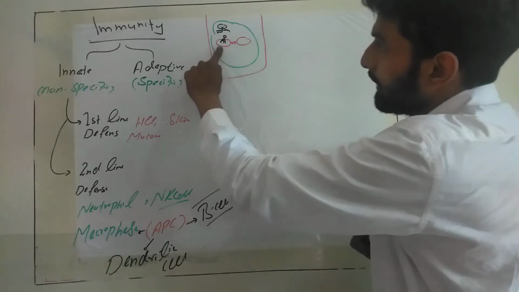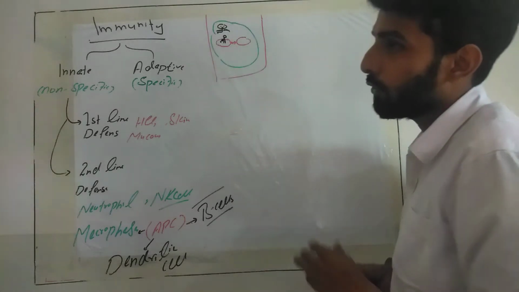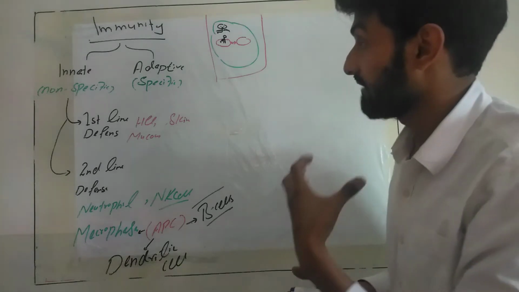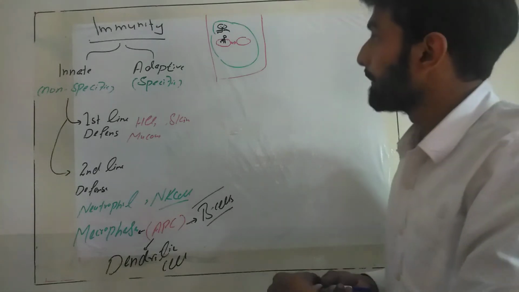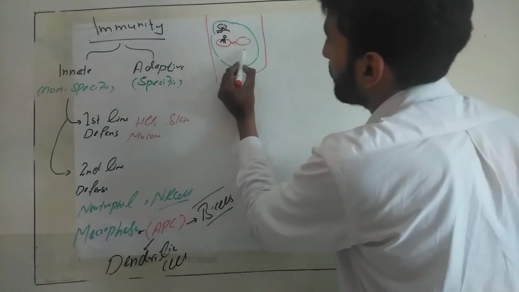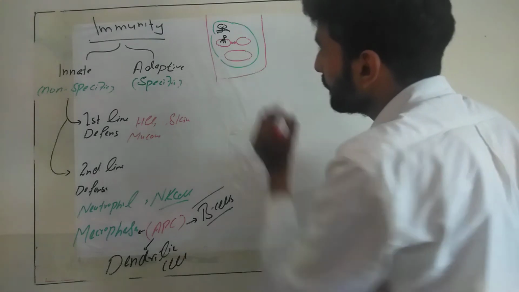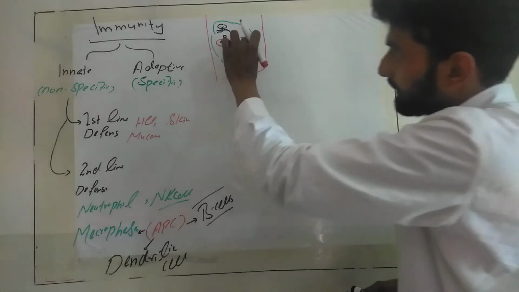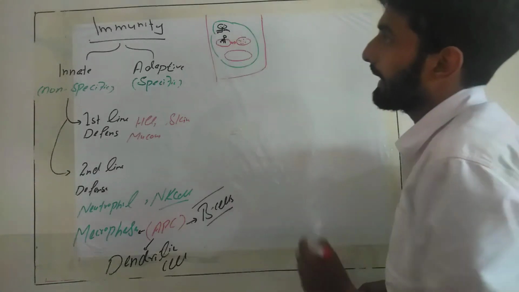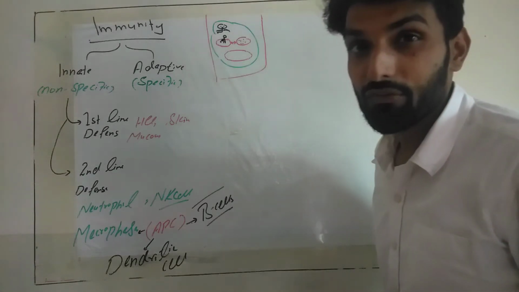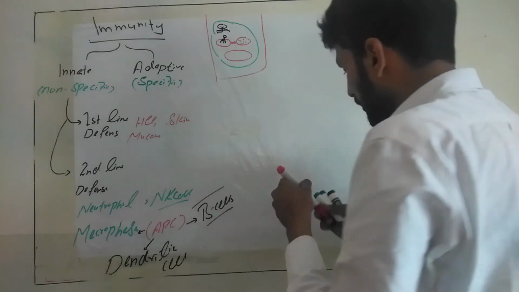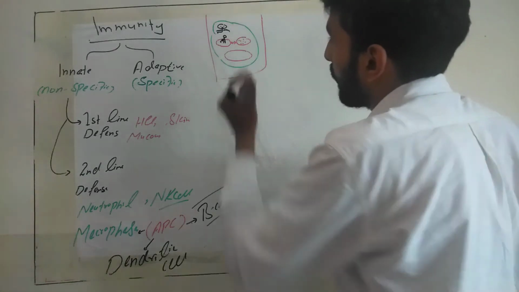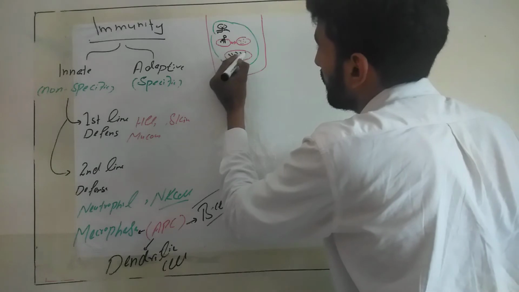This is the phagosome that has trapped the bacteria, and this is the lysosome that has digestive enzymes to break down the bacteria. Both of them will fuse, and all the digestive enzymes present in the lysosome will attack the bacteria trapped by the phagosome. So now this bacteria will be broken down, digested into small fragments.